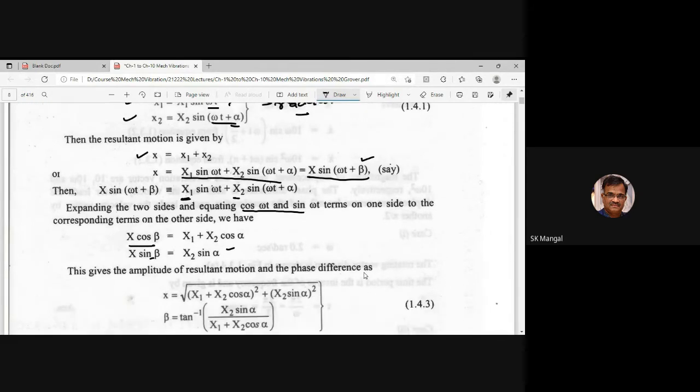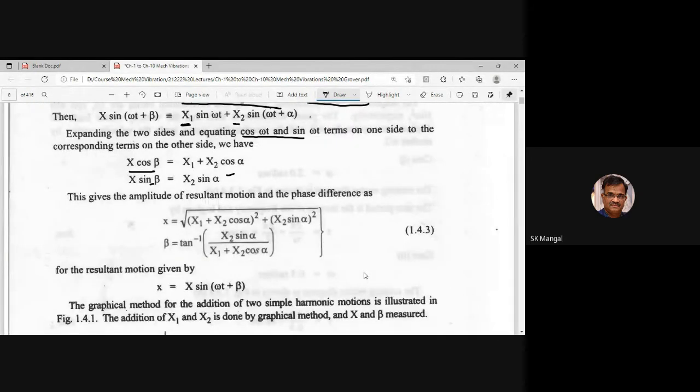So here you can find the resultant amplitude of the resultant vector, nothing but the square root of the sum, and the phase difference with respect to x1 for the resultant vector is given by this equation: tan beta equals x sin beta upon x cos beta.